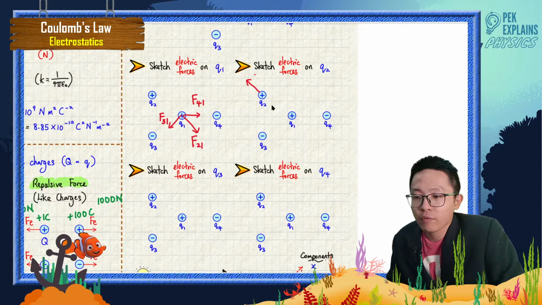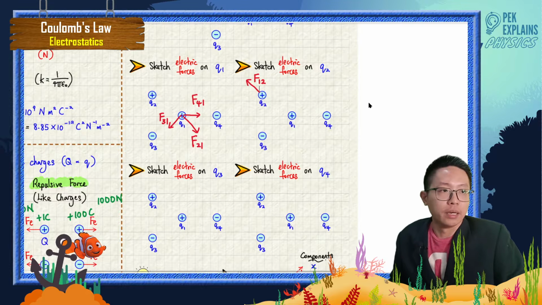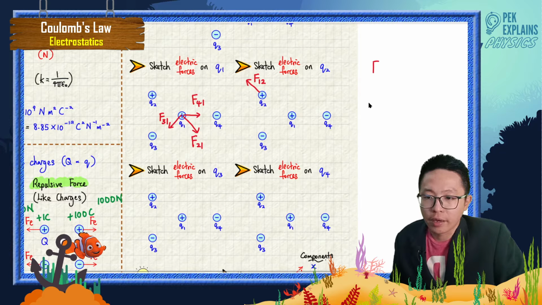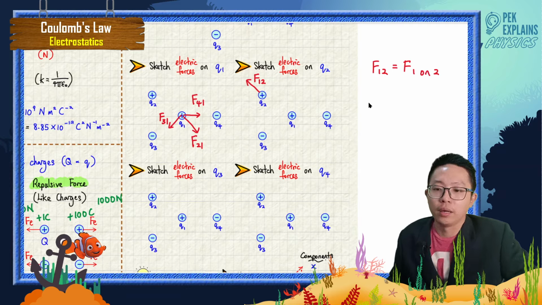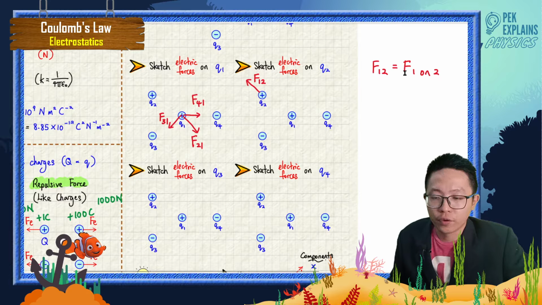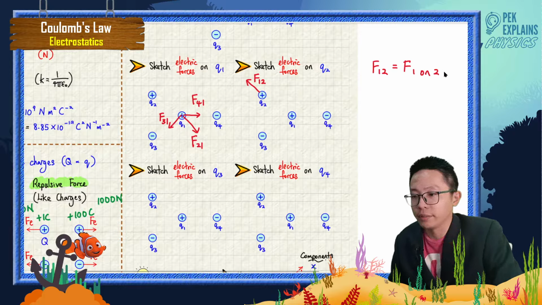So this is F12, F1 on 2. Who gives this force on 2 is 1. 2 is the one who experiences.